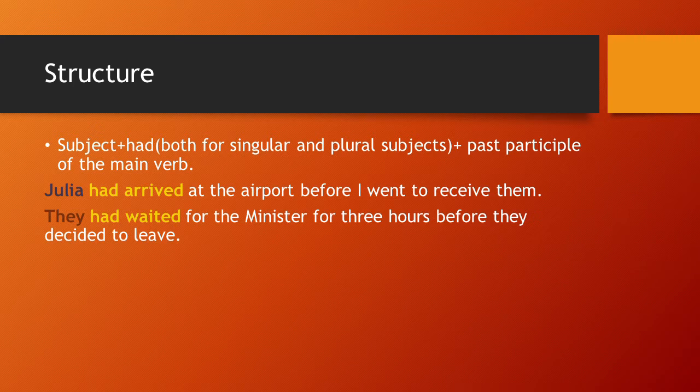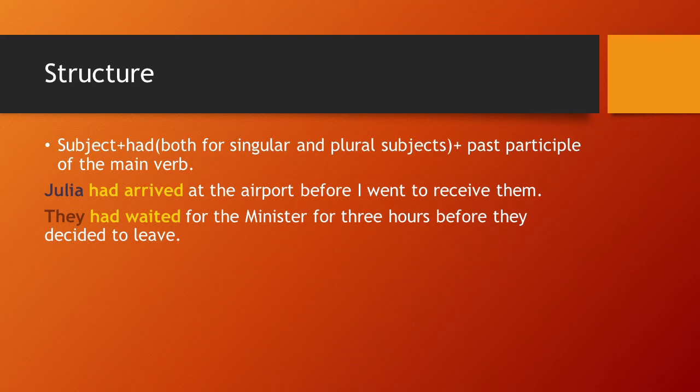It's very easy to remember the past participle. You have a set of verbs in present tense, past tense, and past participle. You can just download any table from the internet. I'm going to provide a link in the description, so have a look at that to understand more about the past participle of a verb. So it's basically subject plus had plus the past participle of the main verb.